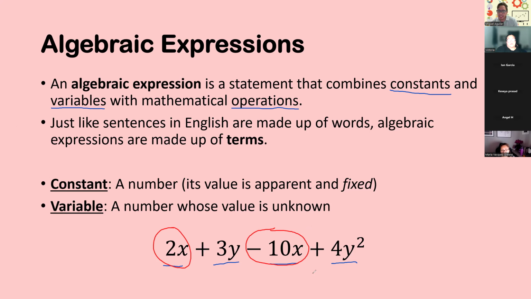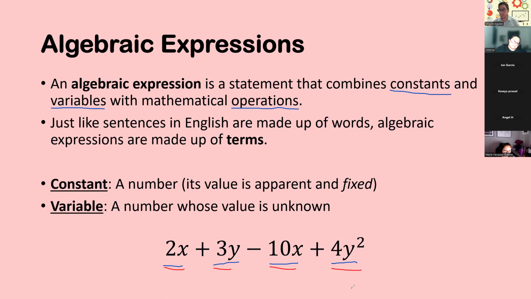I kind of have an idea of what you're thinking here, but these are not constant terms. Okay. So basically, the way you can think about this or identify which ones are the constants is if it has a letter attached to it, if it has a variable attached to it, it's not a constant. Okay. So if I were just to ask you point blank again, we have four terms. We have 2x, we have 3y, we have the negative 10x, we have the 4y squared.